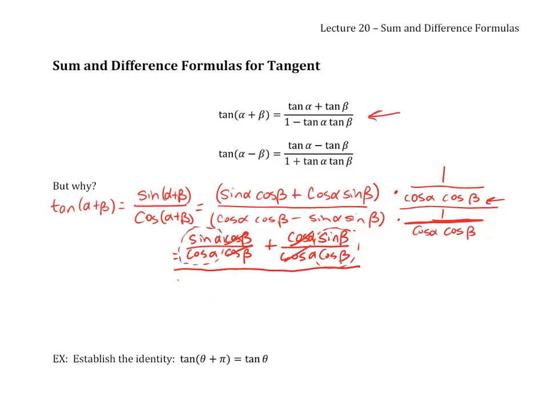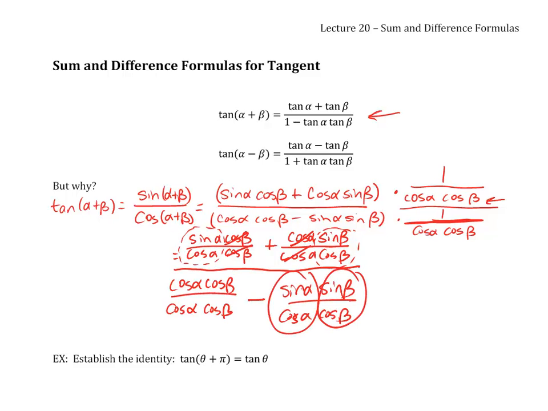If I do the same thing on the denominator, I'll have cosine alpha cosine beta over cosine alpha cosine beta minus sine alpha sine beta over cosine alpha cosine beta. There's another tangent, and these all cancel out and leave 1. So what I end up with is tangent of alpha plus tangent of beta divided by 1 minus tangent of alpha tangent of beta, which is exactly what I wished to prove.